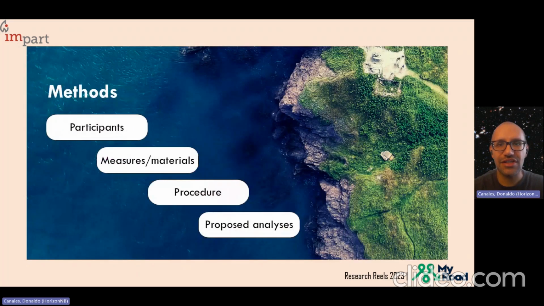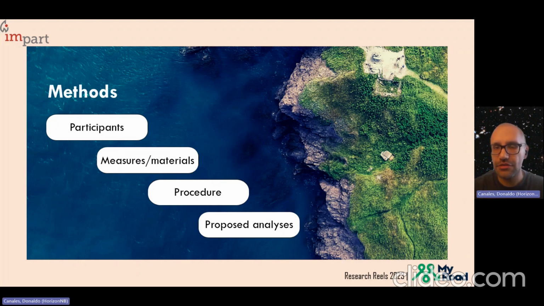The next major section is the methods, and the methods section describes how the study will be performed, how it will be conducted. And it consists of 4 major subheadings. That would be the participants section, followed by measures and materials, the procedure, and the proposed analyses. The methods section should be rich in detail.